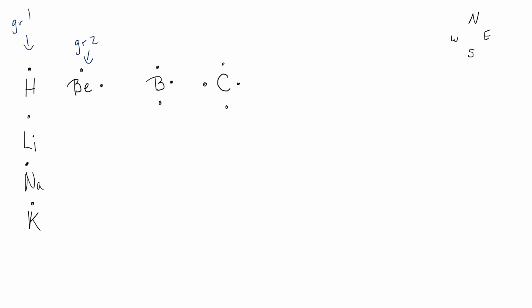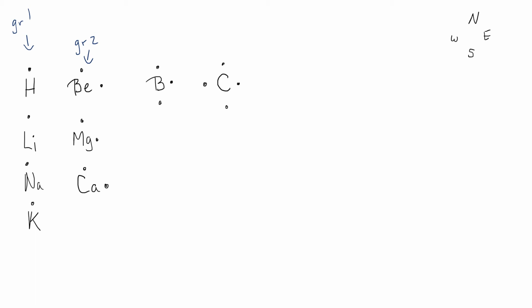So if I'm looking at everything in the second column, this would include beryllium, this would include magnesium, calcium, strontium. And what would happen is I would have my 2 electrons, first in my north position, second in my east position, and so on and so forth.